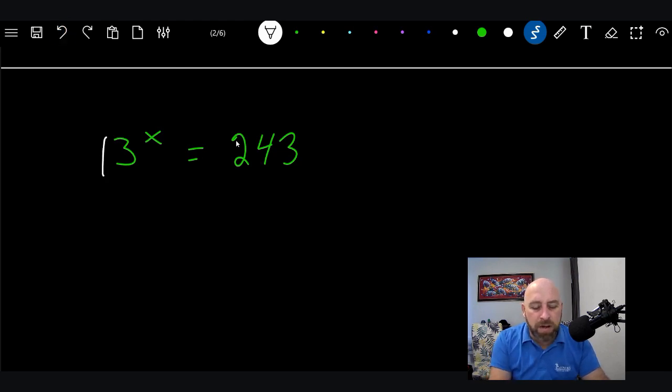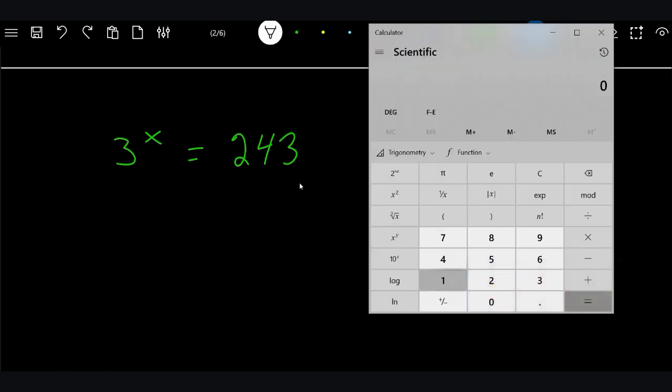So if we make this base match over here, now it's a little bit tricky, but what you can do is take out your calculator. What I want to put here is my base, which is 3, okay? Because remember, we're trying to get the bases to be equal. We're trying to get that base 3 over on the other side as well.